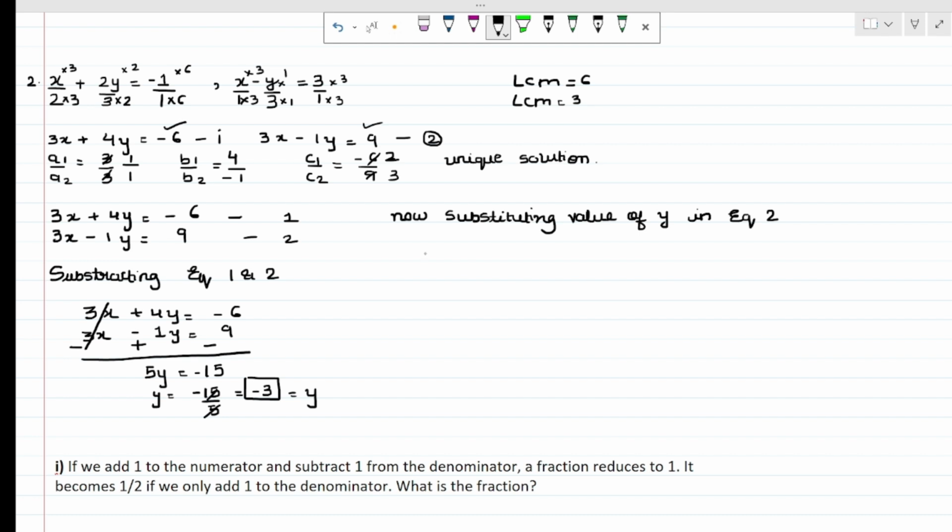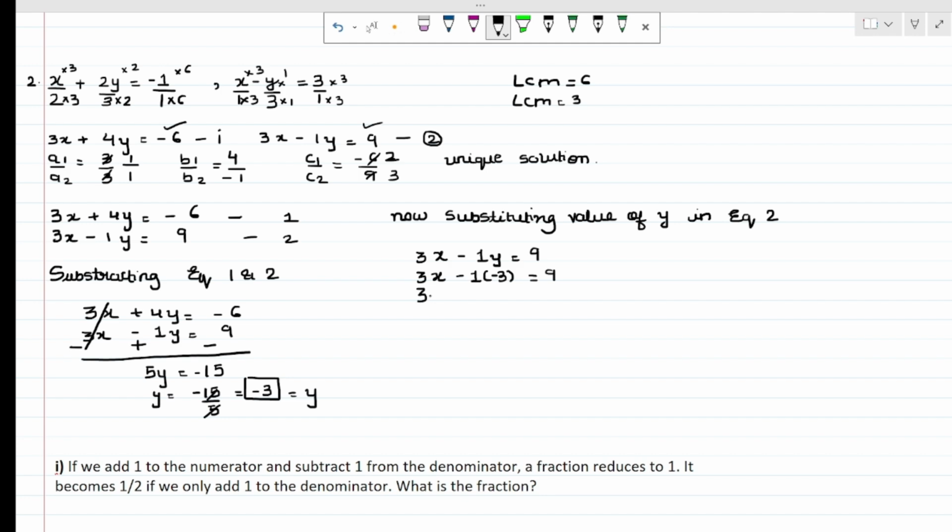Okay, so write your equation first. What's your equation? 3x minus 1y equals 9. So now substitute your value: 3x minus 1 times minus 3. Wherever you see y, you will substitute minus 3 over there, equals 9.